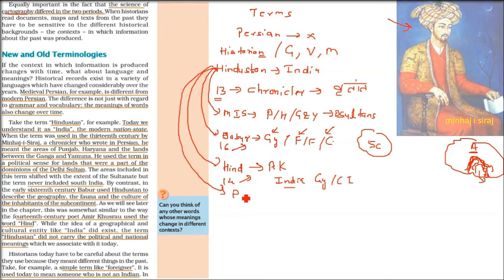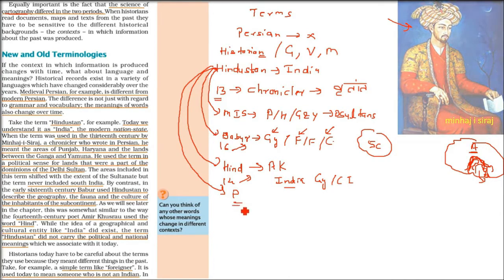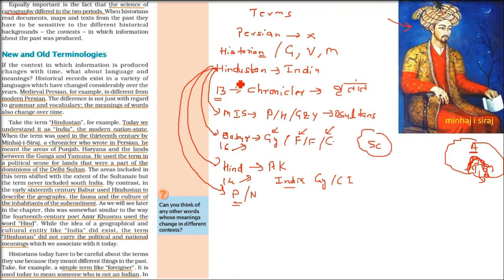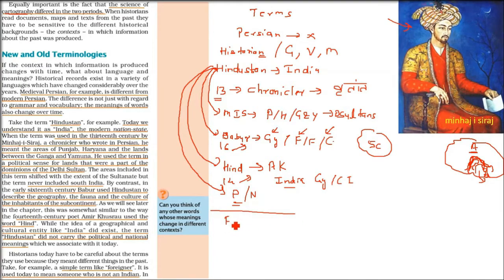When we go to another country, we don't say we are from Hindustan, we say we are from India, because they also know India. Politically, we are known as Indians, not Hindustanians. So Hindustan is more of a geographical and cultural entity, but the political and national meanings go with India.